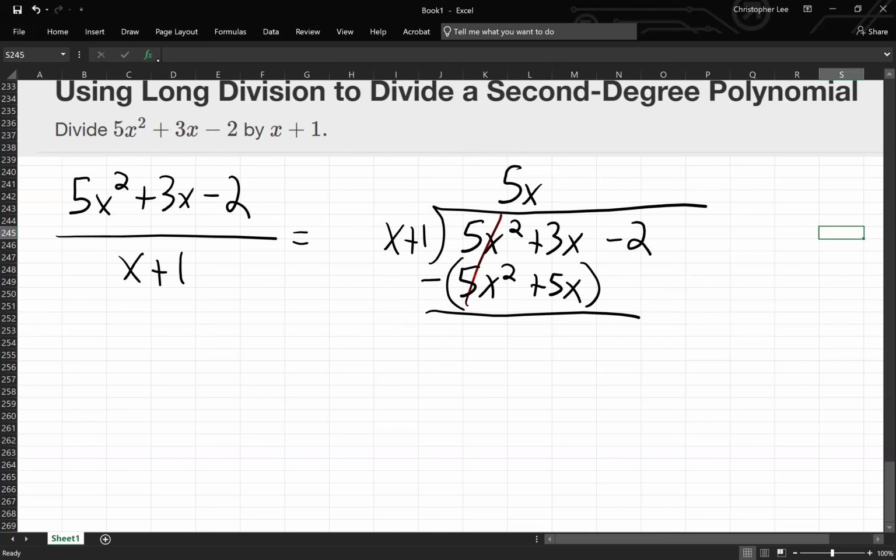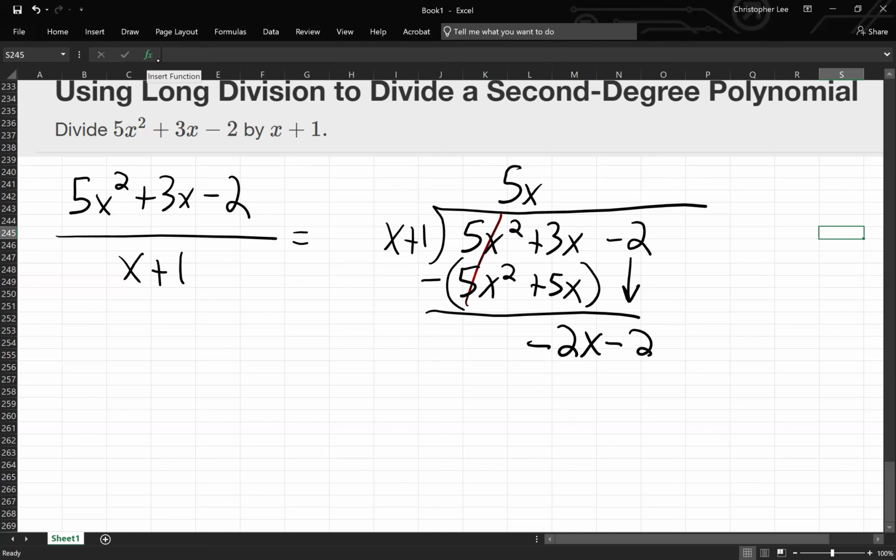And now let's do our subtraction, right? Last one. 3x minus 5x equals negative 2x, right? And then you want to bring down the next one, negative 2.